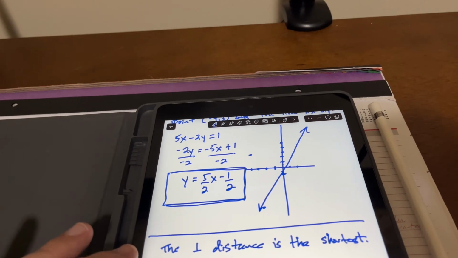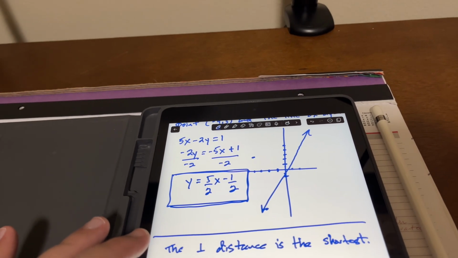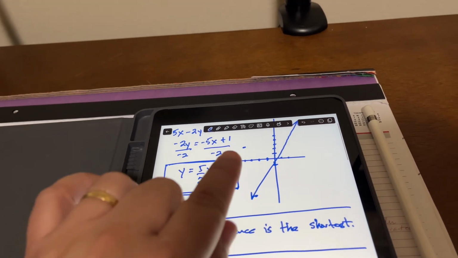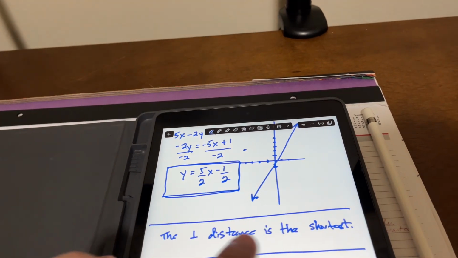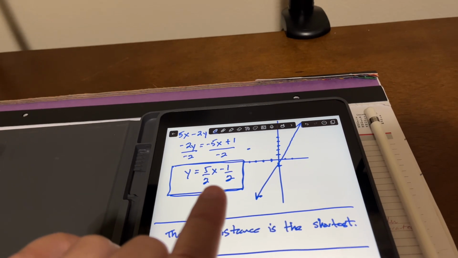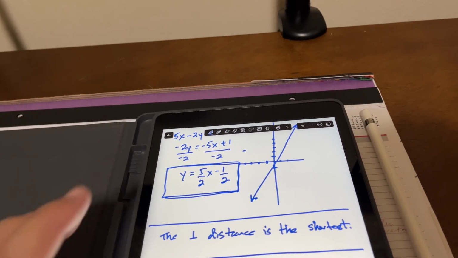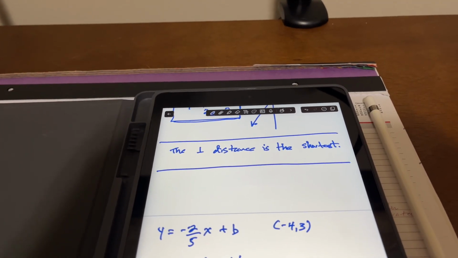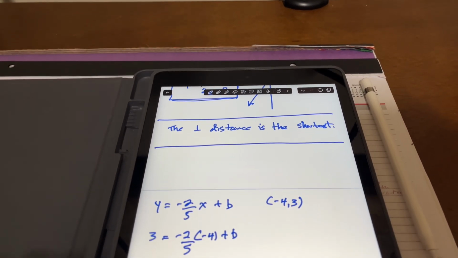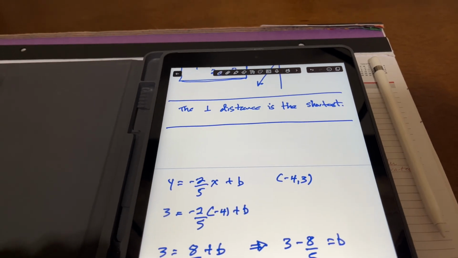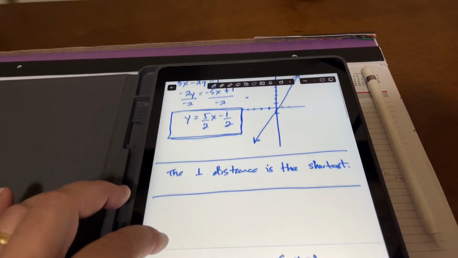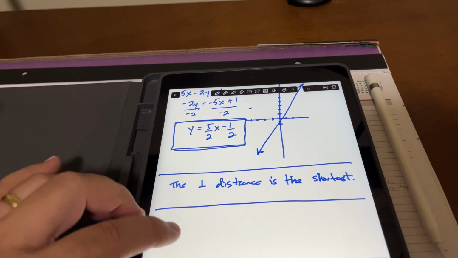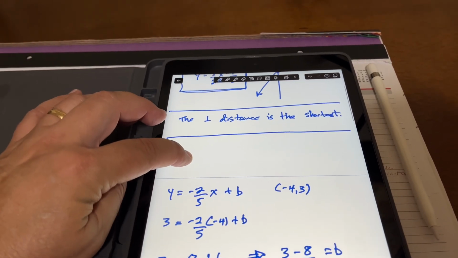Okay, once you do that, since we have to find the perpendicular line that goes through this point and that touches this line, I'm going to find the perpendicular line to this equation, which is going to involve the negative reciprocal slope. So notice that I have used y equals -2/5 x, because the negative reciprocal slope to 5/2 is -2/5.